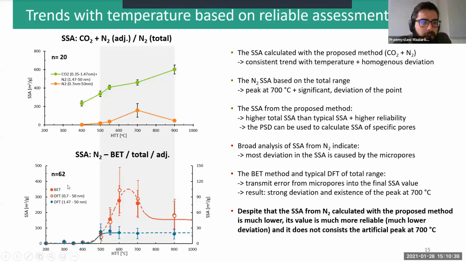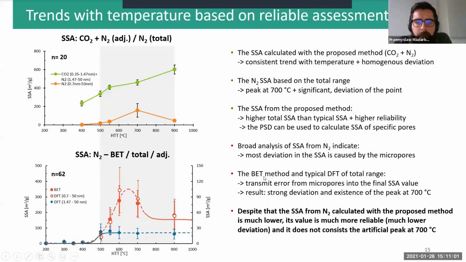Then from the much larger data sets, we calculate specific surface area on BET terms and on the DFT terms for the whole range, between 0.7 and 50 nanometers, and we calculate the specific surface area only on the adjusted pore size distribution.